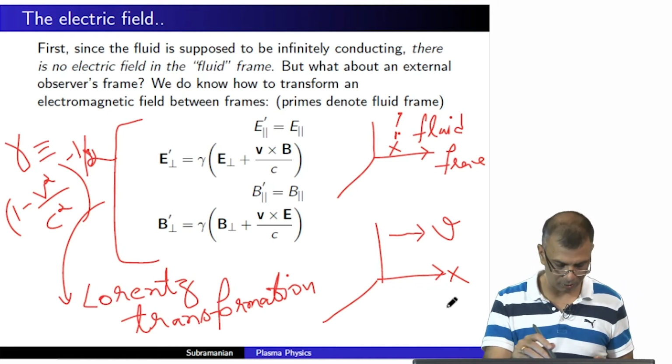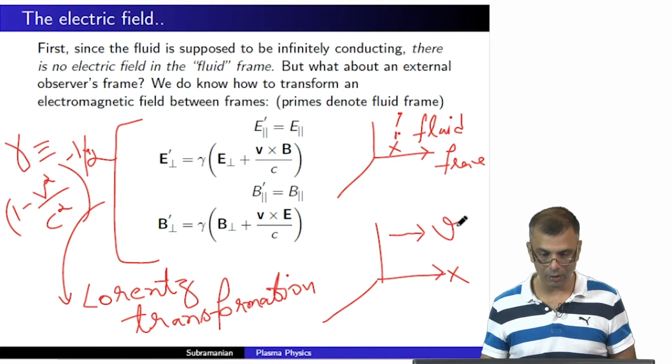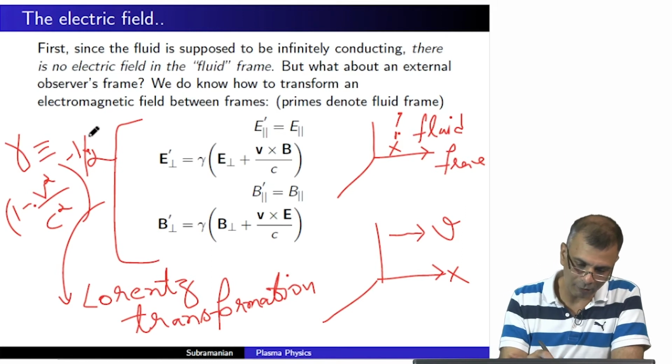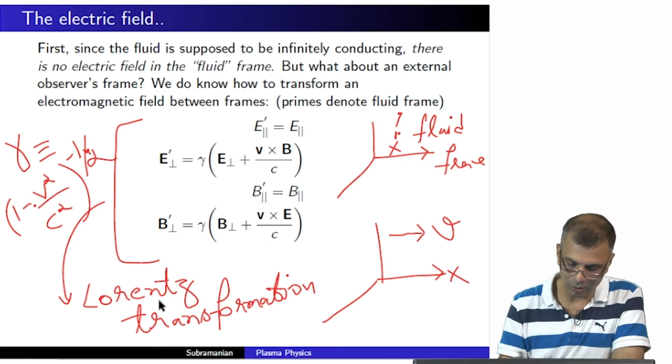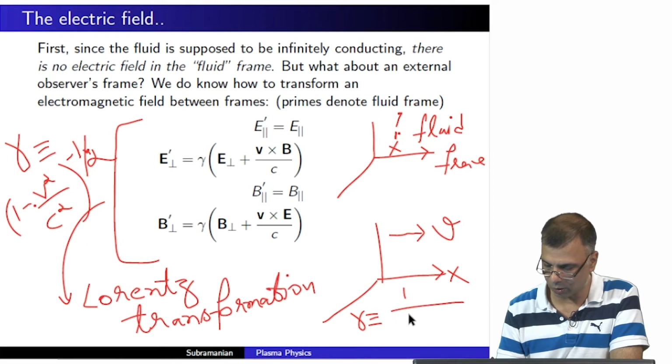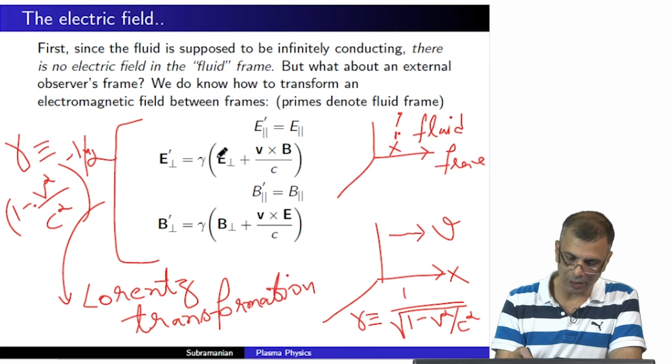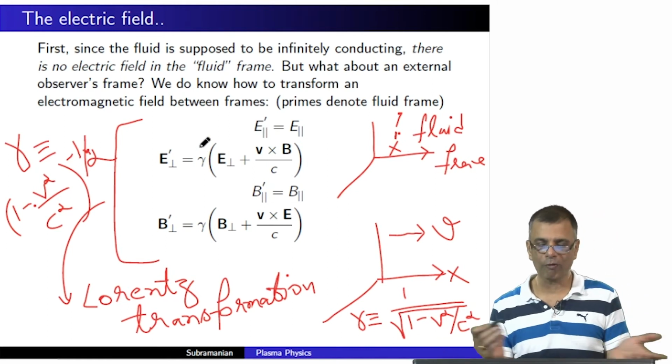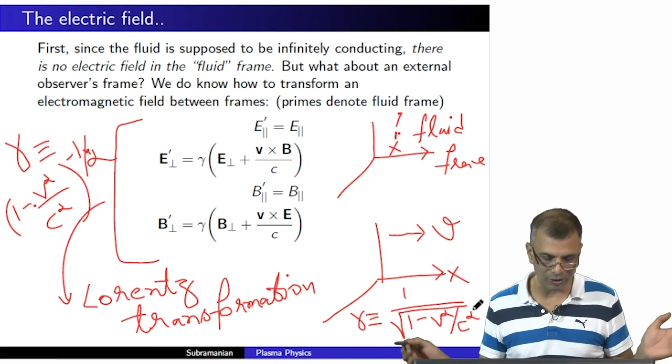Maybe I should erase this and write it again. Yeah, it is a little difficult. So, gamma is 1 over the square root of 1 minus v squared over c squared. Okay, so that is what this gamma is. It is a function of v, and c is the velocity of light.